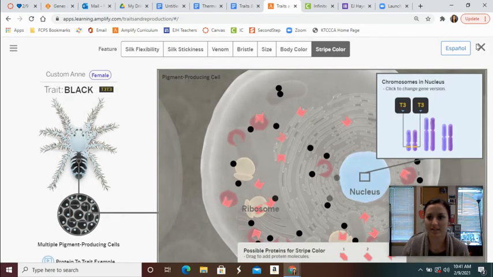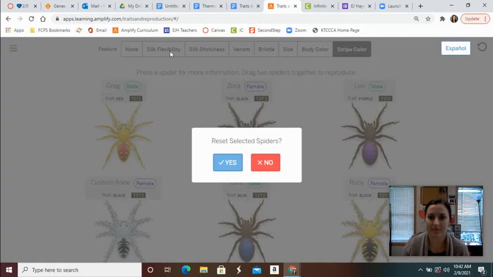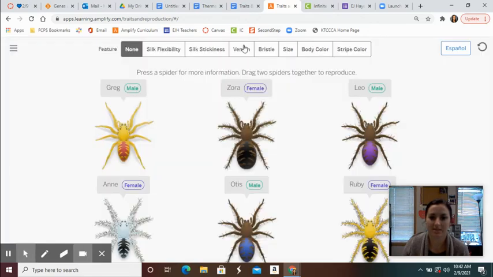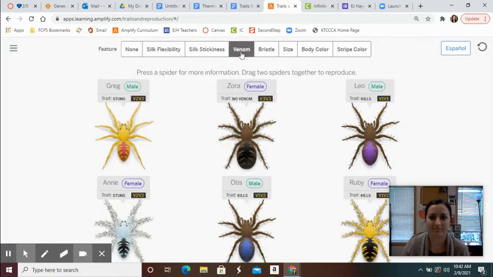So example being, if I did, let's do venom. And it wants you to pick one spider that has two of the proteins that are the same. And then it wants you to pick one spider that has two different ones.